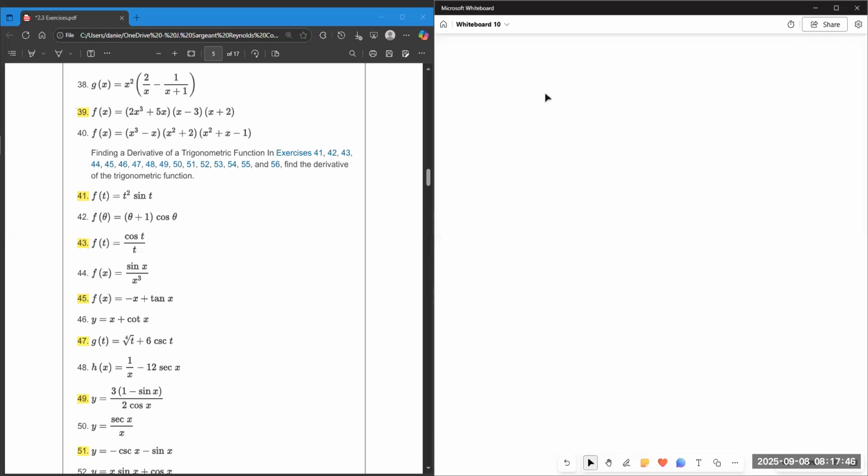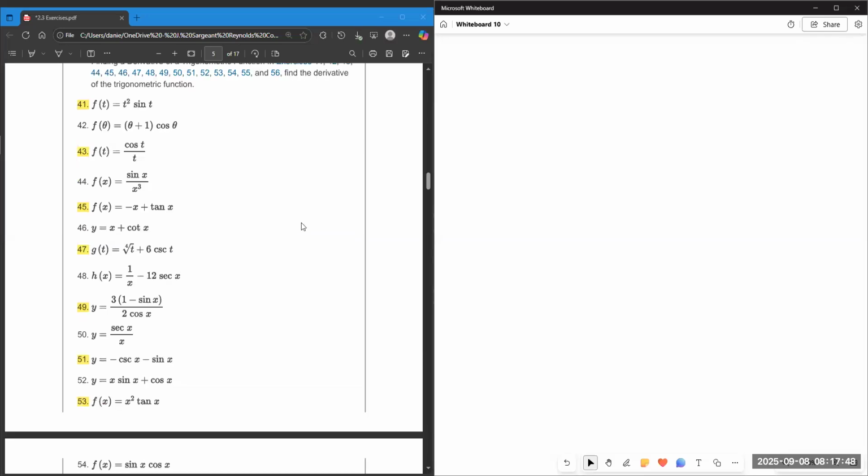All right. And then we'll look at 51 now. Y is equal to a negative cosecant x minus sine x.